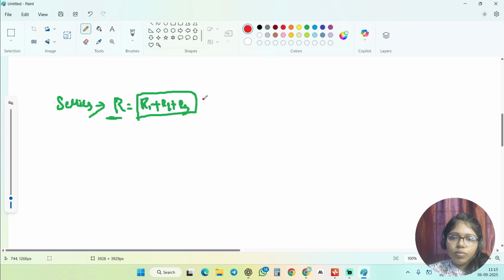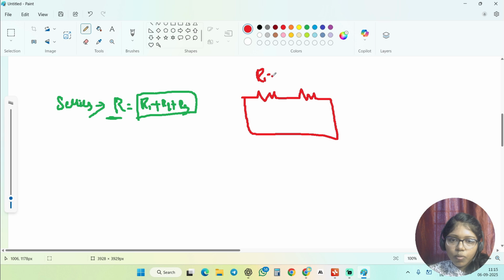Just think of this circuit when I connect the resistors in series. R1 is 330 ohm, R2 is 220 ohm. I've been given a supply of 5 volt.